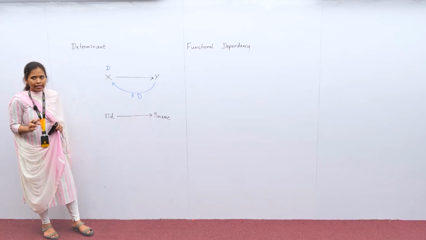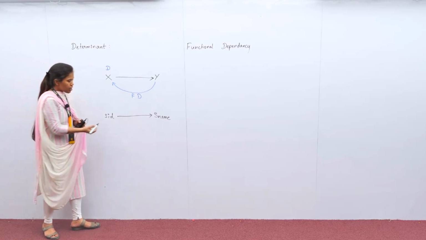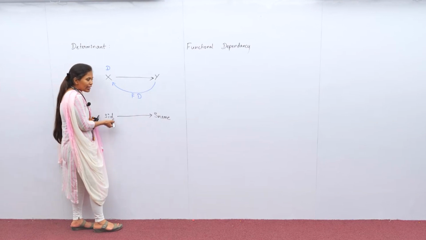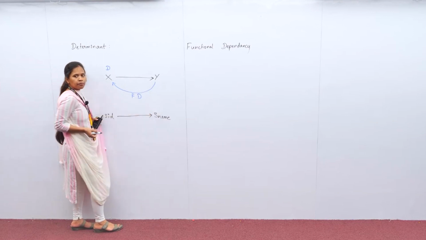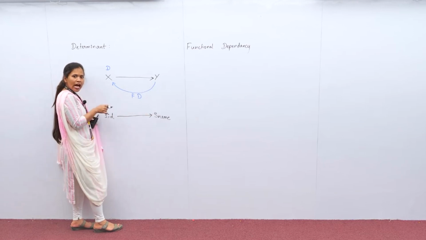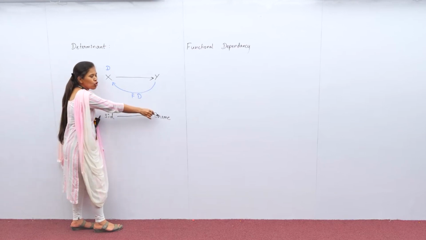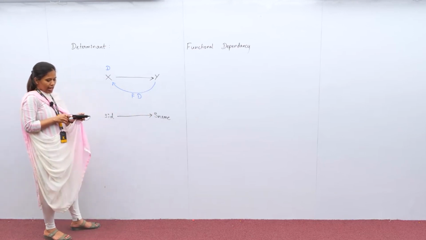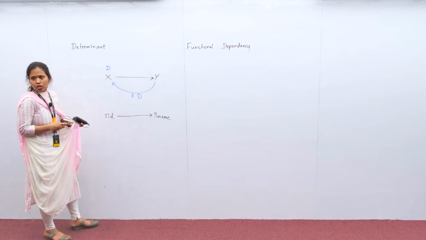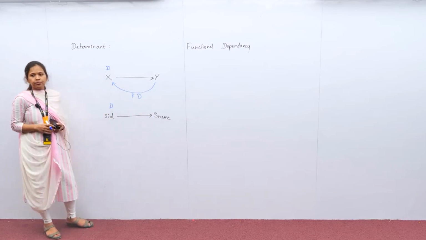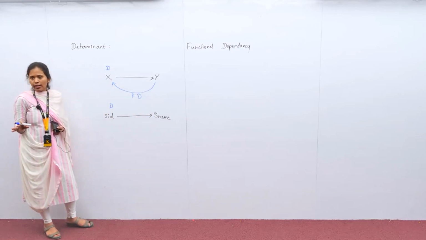What I mean is, you tell me, by knowing your student ID, don't you think I can determine what your name is? Yes or no? Are you all getting it? With the help of student ID, I can determine the value of student name. That is what you call a determinant. So I will say the student ID is the determinant. Everyone understood now what a determinant is?